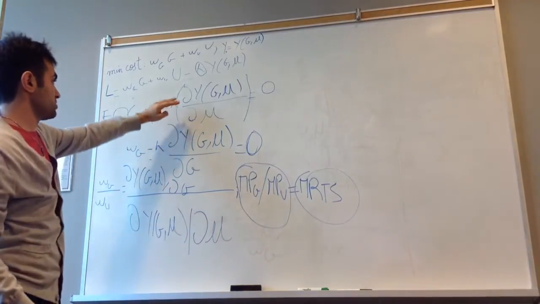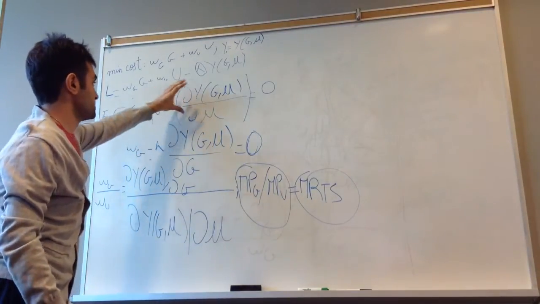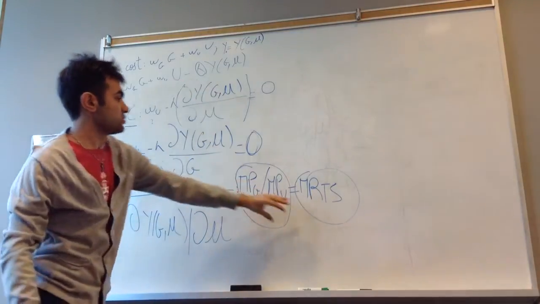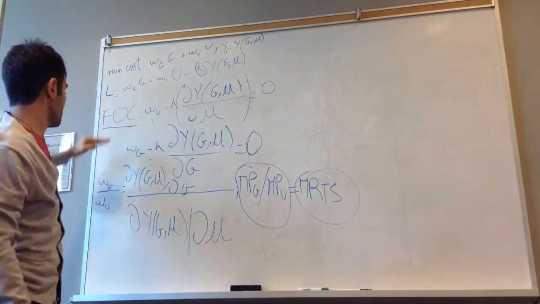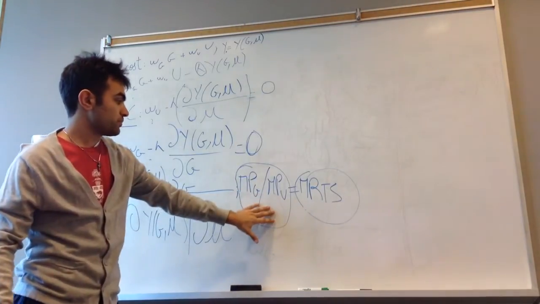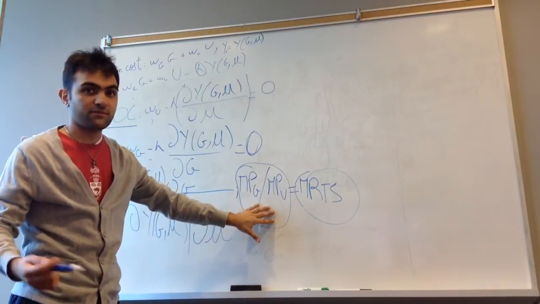This over this is your MRTS, and your WG over your WU is your factor price ratio.